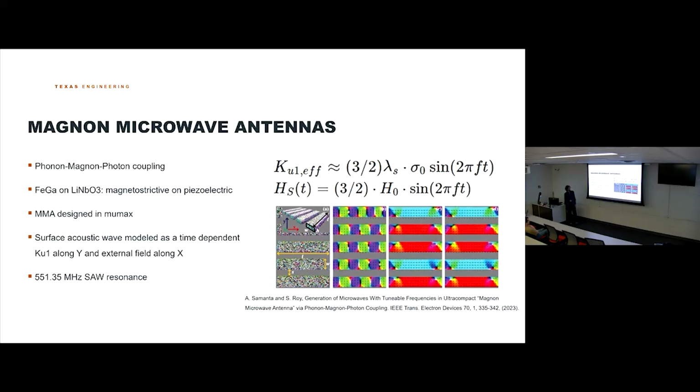So what they did in the paper was that they simulated a surface acoustic wave by a time-dependent Ku1 and a time-dependent field. Here lambda_s is the magnetostriction of the magnetostrictive material, and sigma is the stress from the piezoelectric material, and this allows you to effectively reproduce a surface acoustic wave in MuMax.